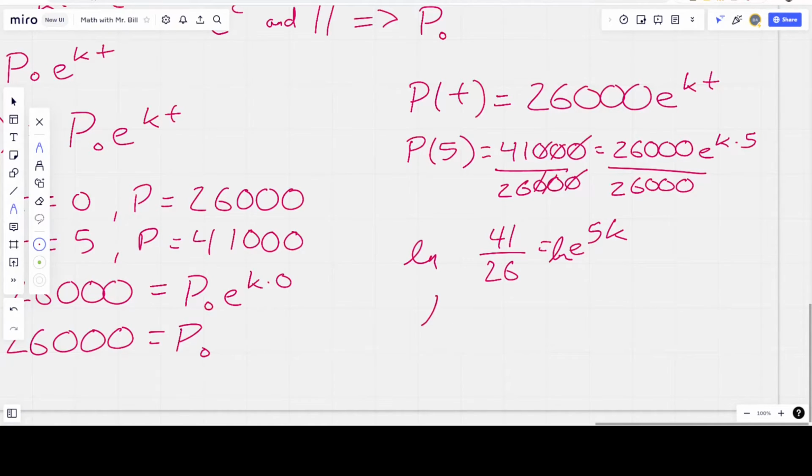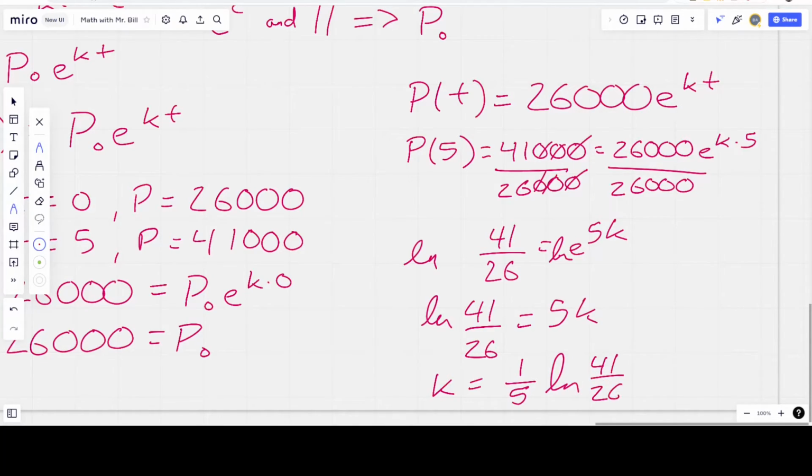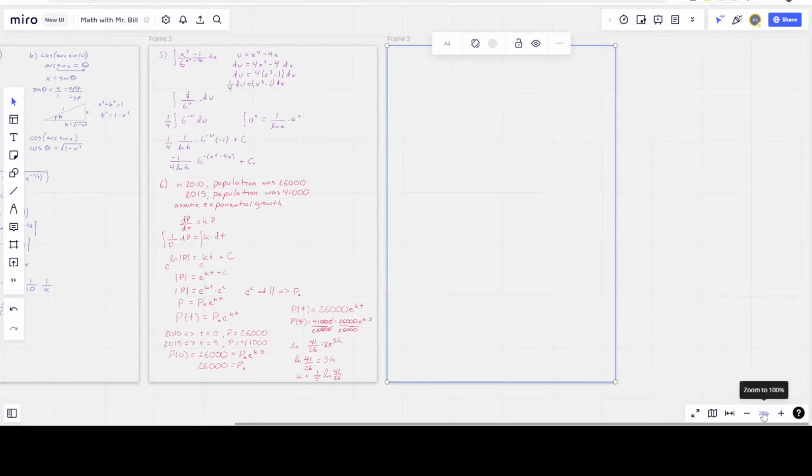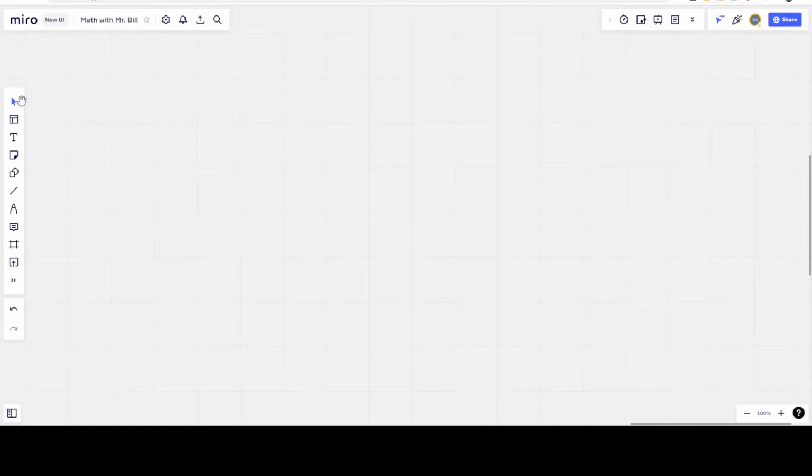And we get the natural log of 41 over 26 equals 5k. And so k is equal to 1/5 the natural log of 41 over 26. And you can leave it like that, or you can find a decimal and put that all in. And then we'll have our complete answer.